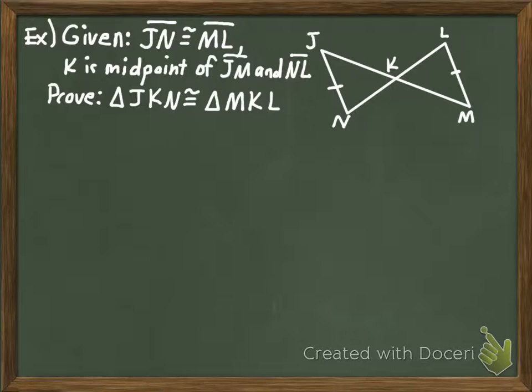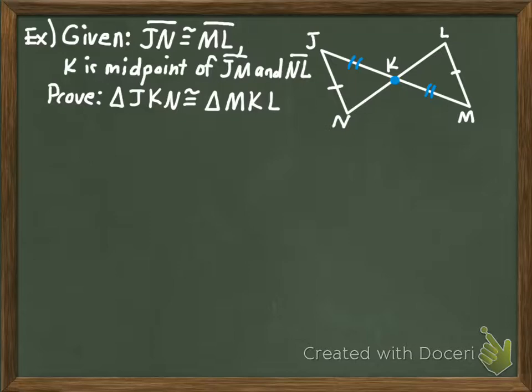Alright, now why in the world would that make the two triangles congruent to one another? Well, we already know that one pair of sides are congruent between the two triangles. And then using this whole midpoint fact, if indeed point K right here is the midpoint of segment JM, then that would imply that segment JK is congruent to segment MK, wouldn't it? Because the midpoint divides a segment into two congruent segments.